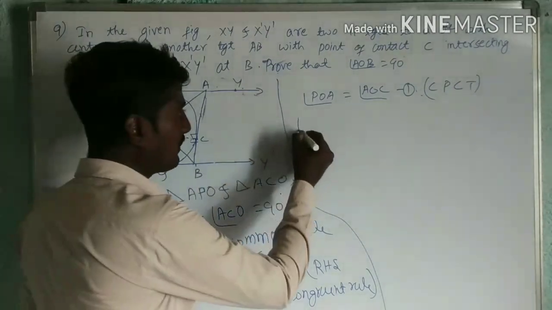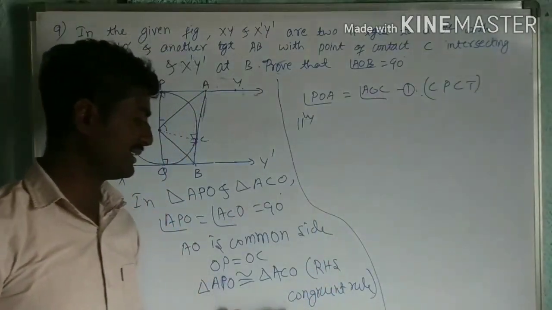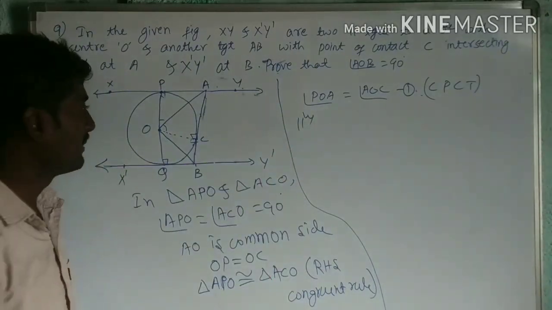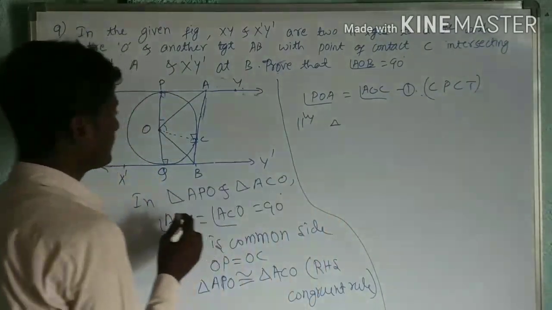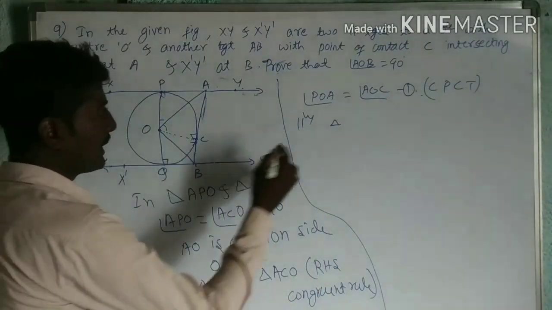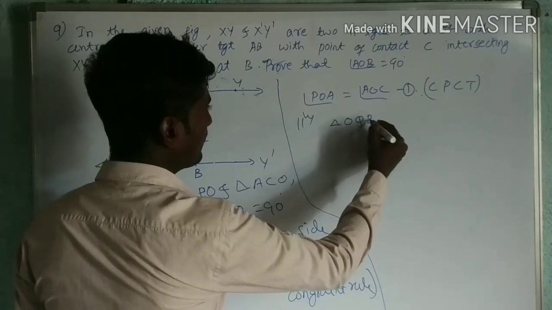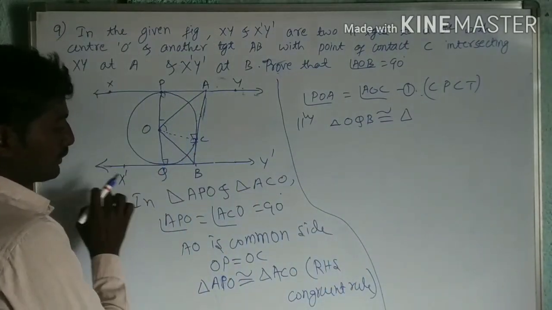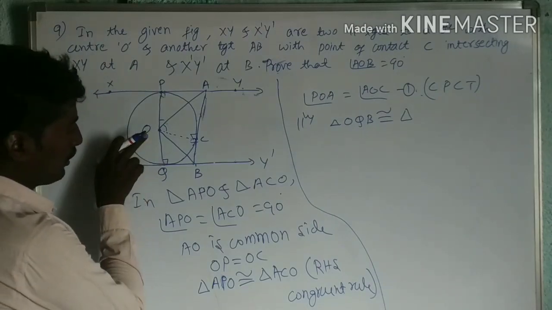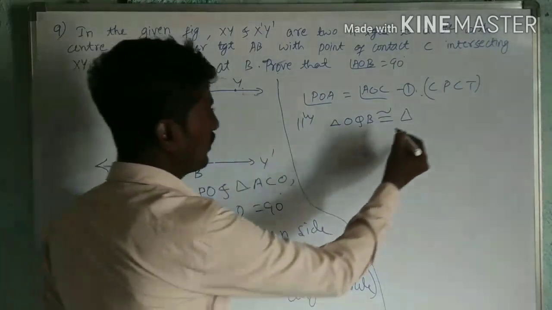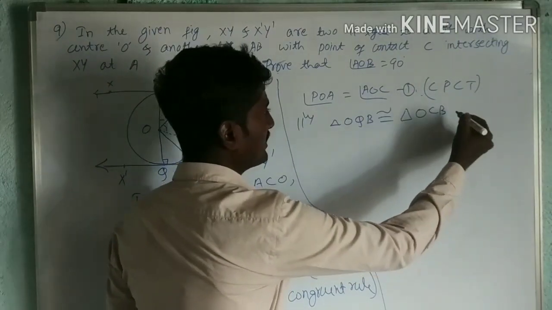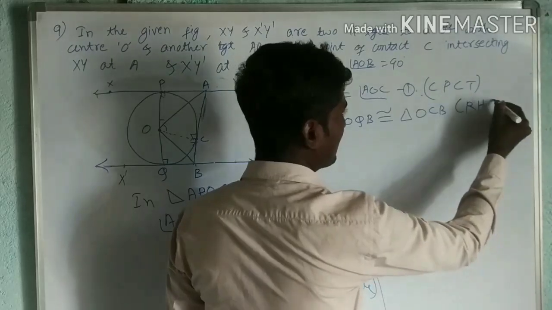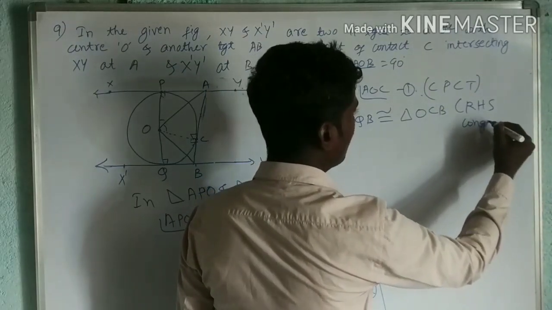I don't want to follow this again, so directly I'll write: similarly, triangle OQB is congruent to triangle OCB, by the RHS congruent rule.